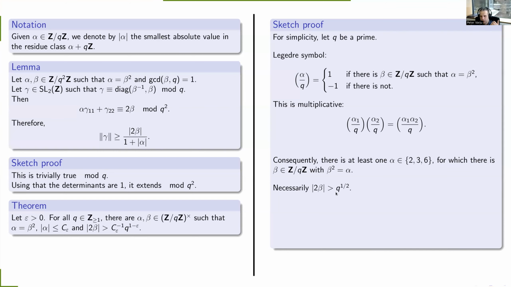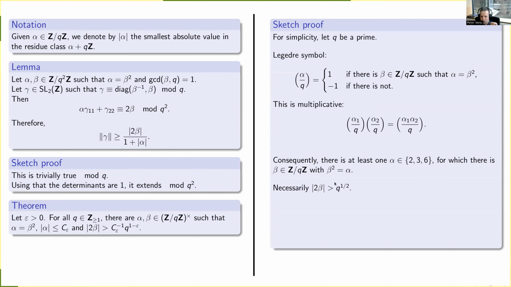Simply because if it was smaller, then 2 times beta squared would be smaller than q squared, but it would have to be equal to 4 times one of these numbers. And 4 times one of these numbers is not a square as an integer.